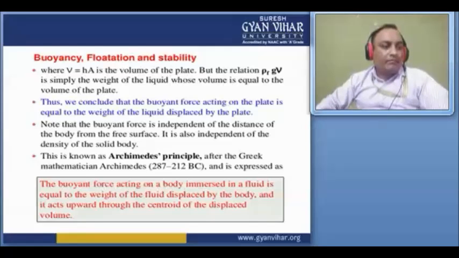It means the buoyant force due to the mercury is just like the weight of the mercury displaced by the body, and this is equal to g into density of mercury, where g is the gravitational acceleration, into volume of mercury displaced. And then some other cases.